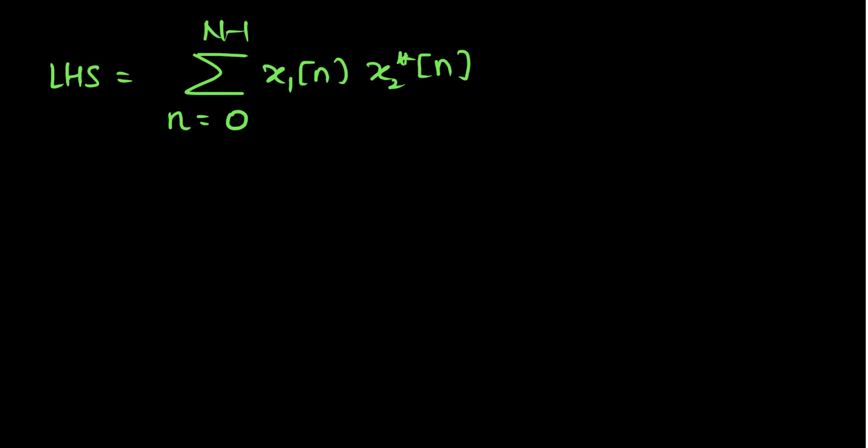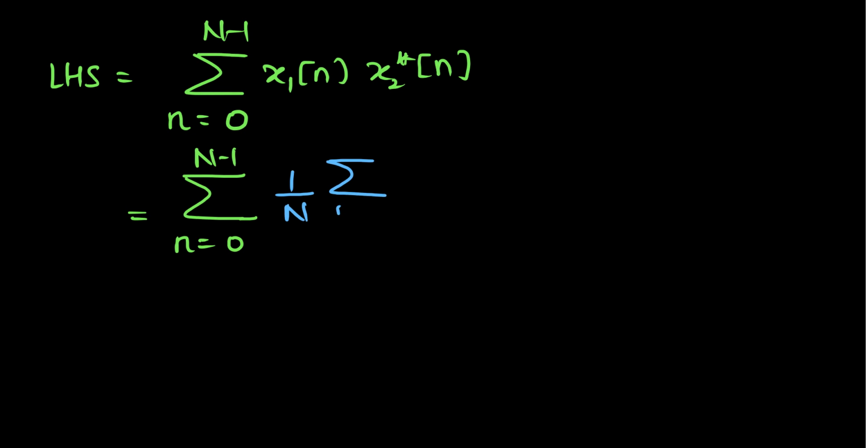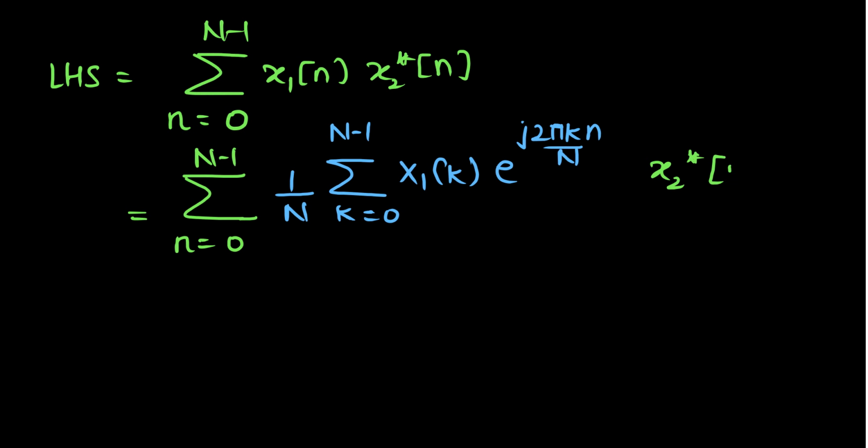And we know that x1 of n can be represented using the synthesis equation, as 1 by N summation k running from 0 to N minus 1 X1 of k into e to the power j 2 pi kn by N, multiplied by x2 conjugate of n.